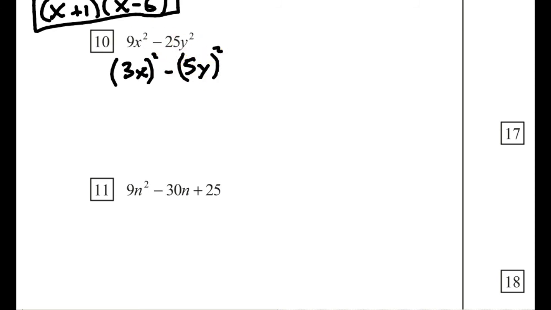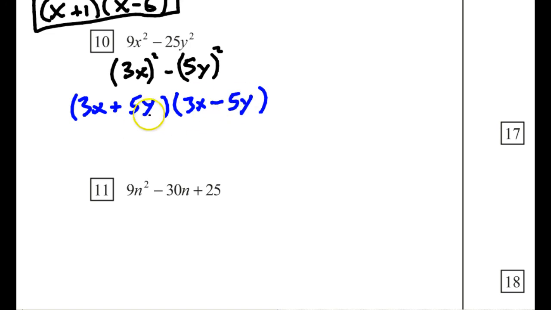So our answer will be one of them positive, one of them minus, both with a 3x and both with a 5y. Check to see if you can factor these further, and there's no GCF, and so we're done.